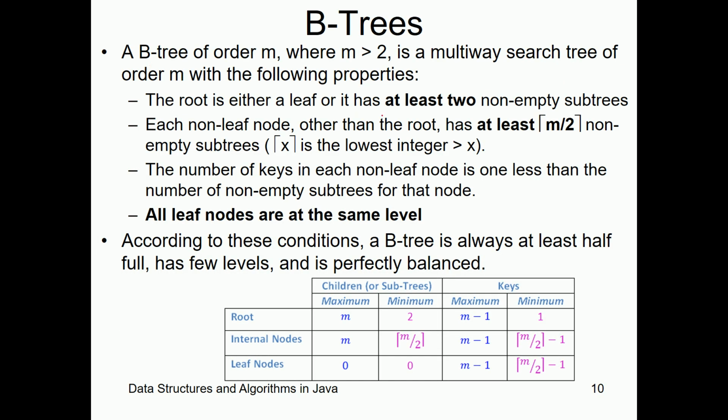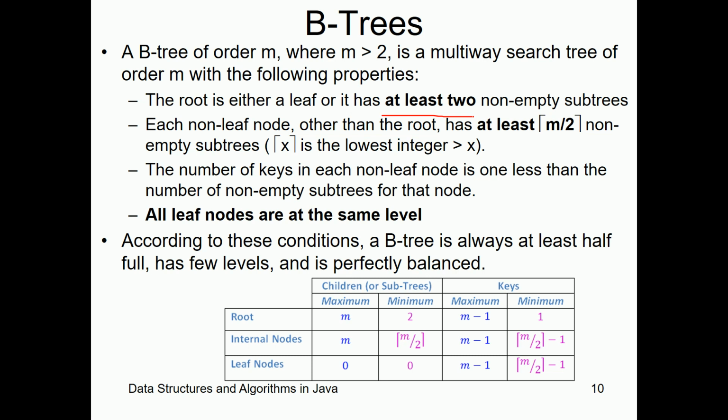The root can have at least 2, and the others can have a little bit more than half of how many children a node can have.